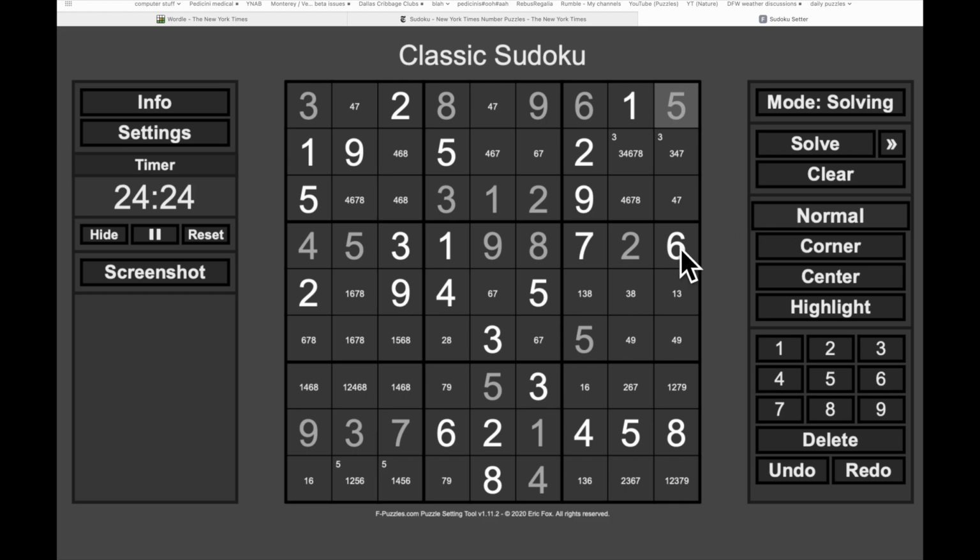Now 5 doesn't help me a whole lot, because I've already eliminated everything else in its box and its row.